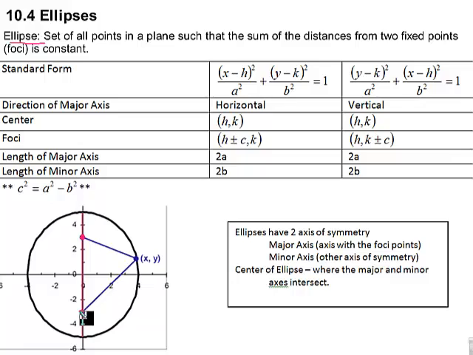If you go to any point on your ellipse and add the two lengths from each focus point together, it's the same. If you do a point way down here, add the two lengths together from each focus point, it is the exact same. So that total length is constant.